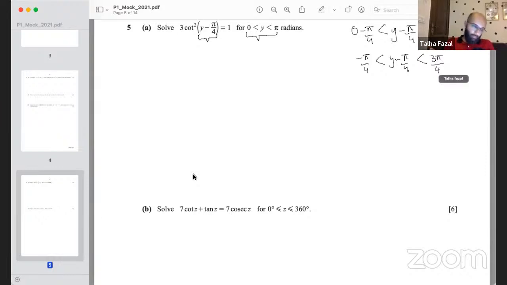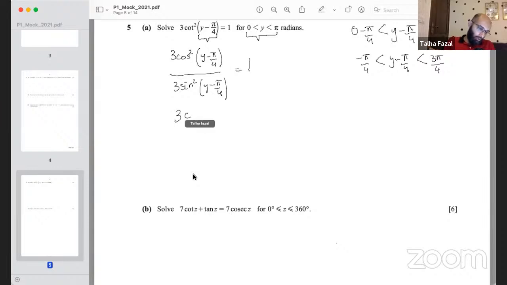Now, what you're given here is cot squared, right? In order for us to actually change cot square, some of you may try using cos square over y minus pi over 4 over 3 sine square y minus pi over 4 equals 1. Then you can cross multiply, you get 3 cos squared y minus pi over 4 is equals to 3 sine squared y minus pi over 4.